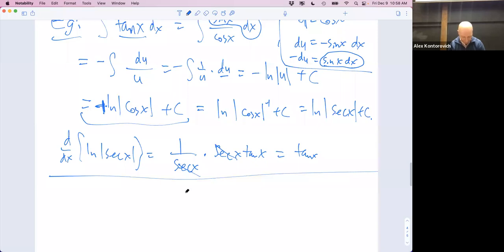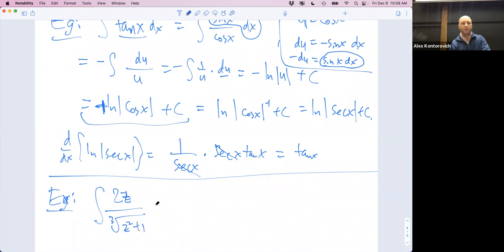Let's do a couple more examples. Okay, let's try this one. Example, the antiderivative of 2z over the cube root of z squared plus 1 dz, just to mix up the variables a little bit.